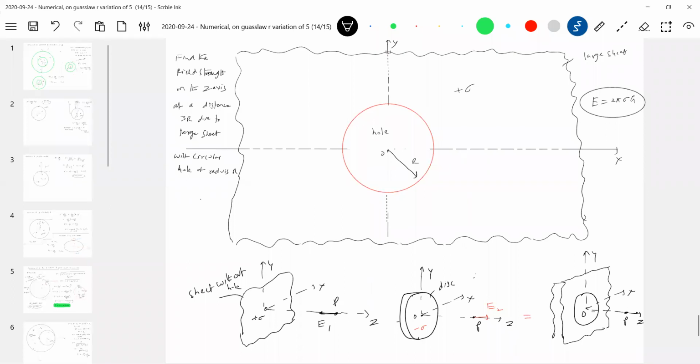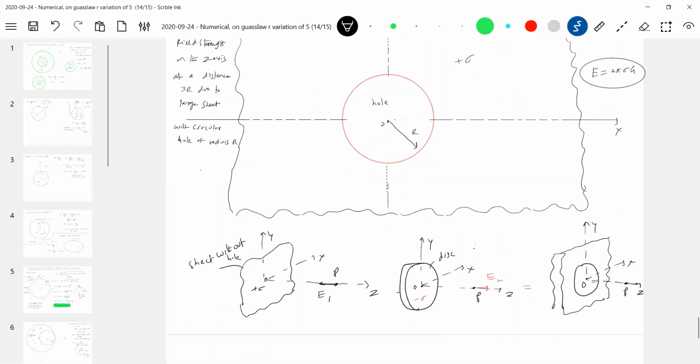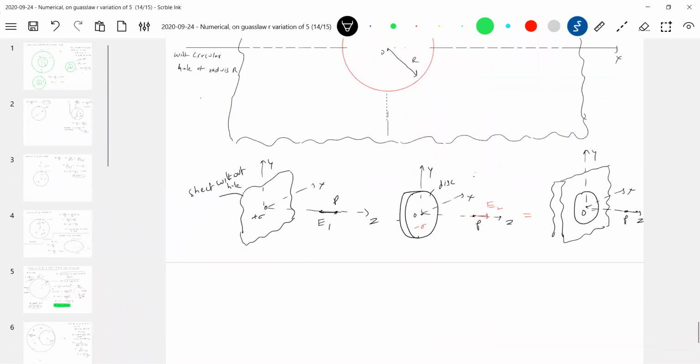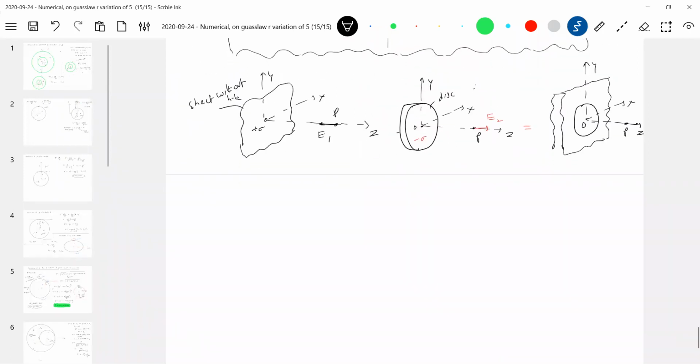Now, do we know E1? Yes, we know E1. What is the formula for E1? E1 equals 2 pi sigma g, or 2 pi g sigma.